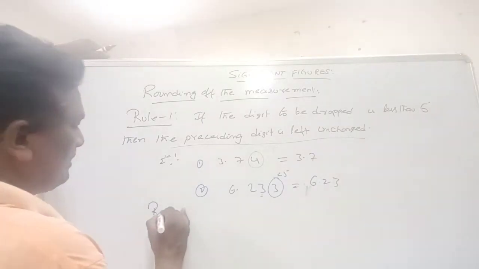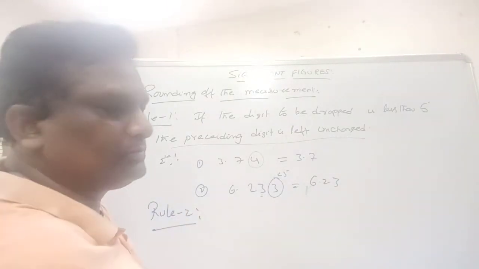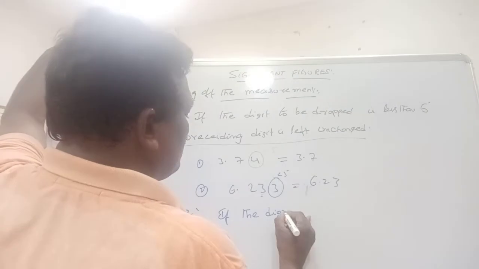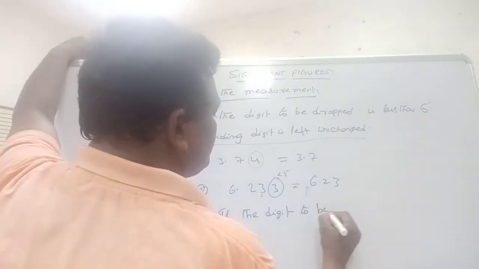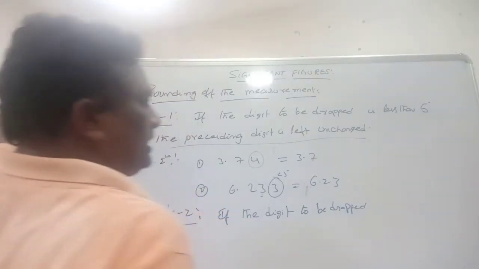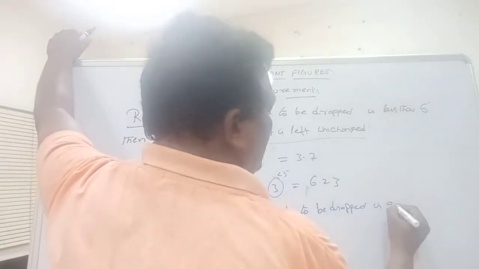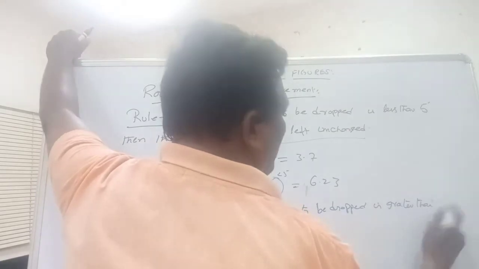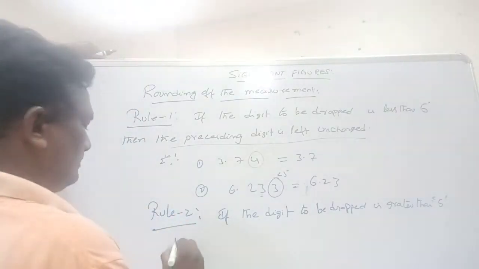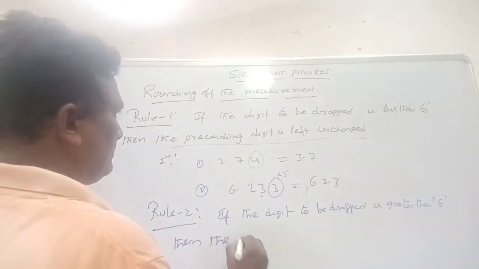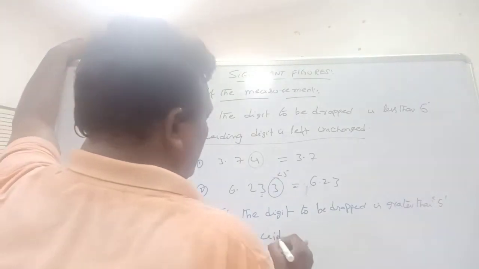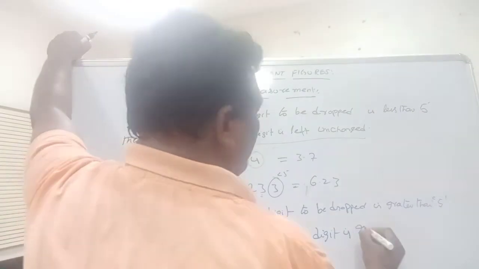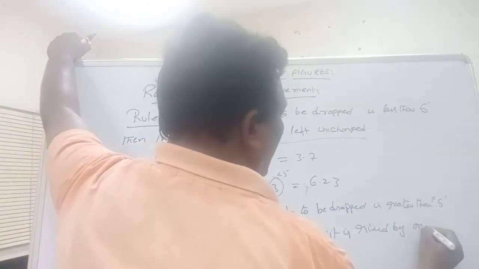Next, rule number 2. The second rule is, if the digit to be dropped is greater than 5, then the preceding digit is raised by 1.